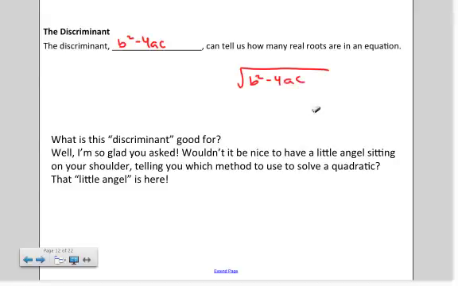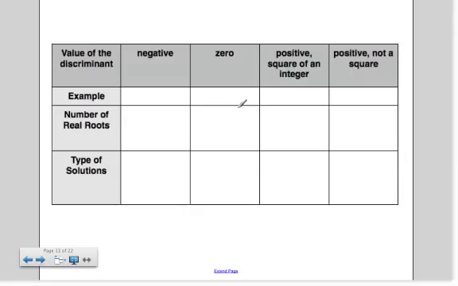We can use this information and the properties of square roots to tell us which method to use to solve the quadratic. We can call this our little angel that sits on our shoulder to tell us which method we should use. It's rather neat.